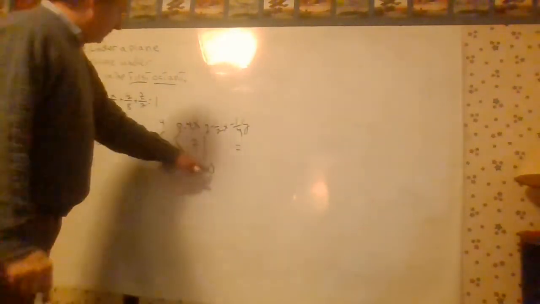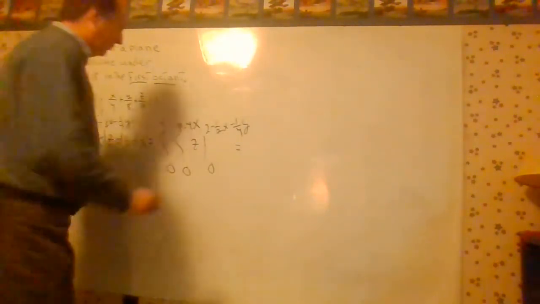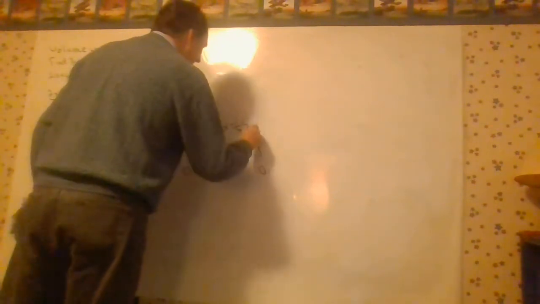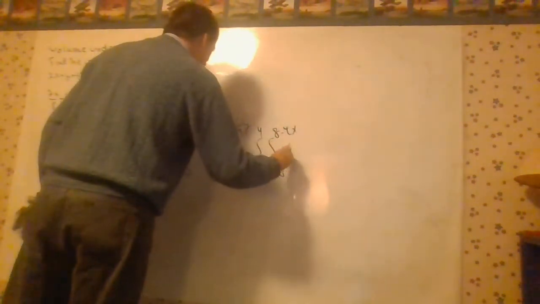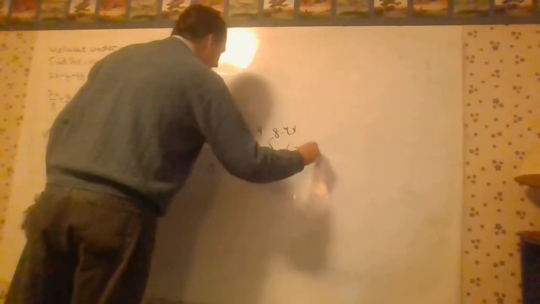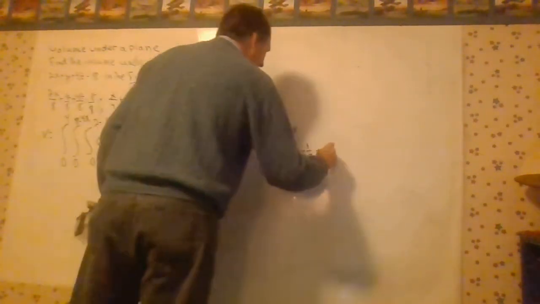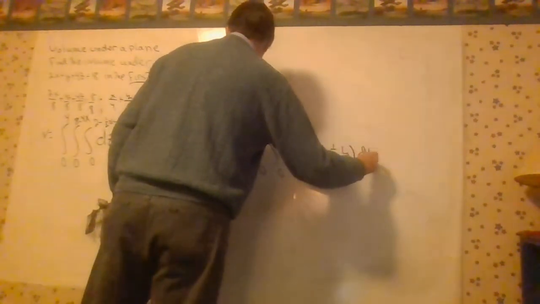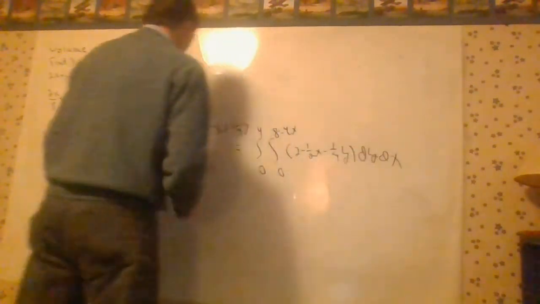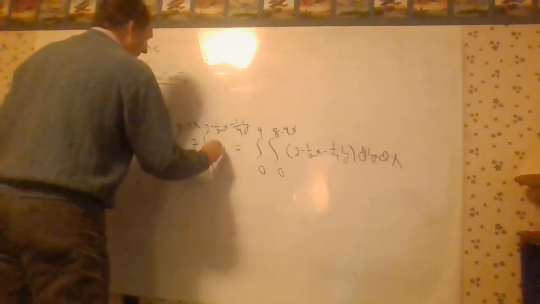Well, plug in that, plug in 0, you just end up with this polynomial in here. Integral 0 to 4, integral 0 to 8 minus 4x, 2 minus a half x minus 1/4 y. Okay, I forgot my dy dx here.